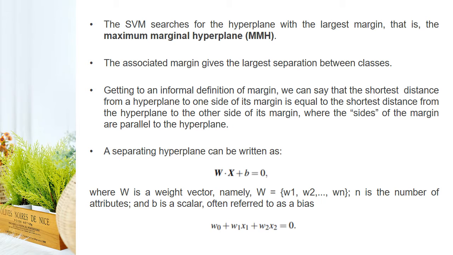So a hyperplane can be written using this particular equation, where b is the bias value, and we can calculate w0 + w1x1 + w2x2 for each and every attribute value.